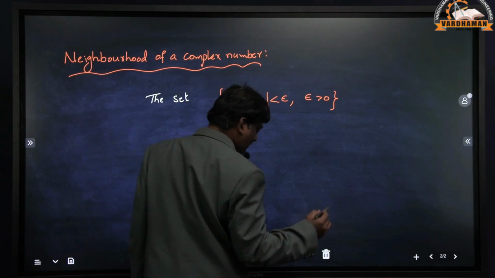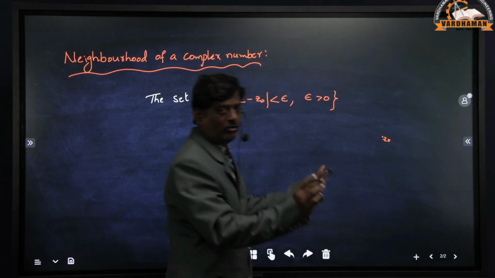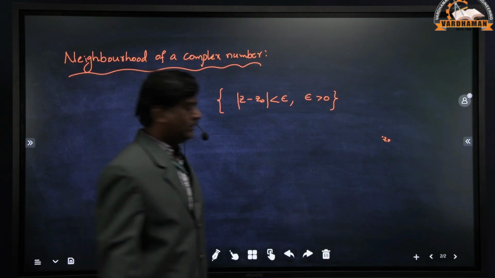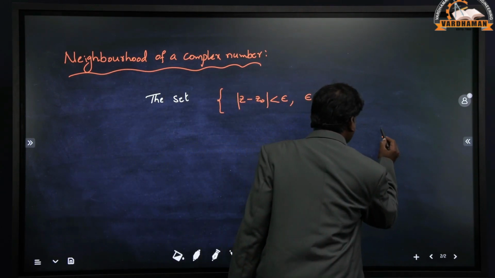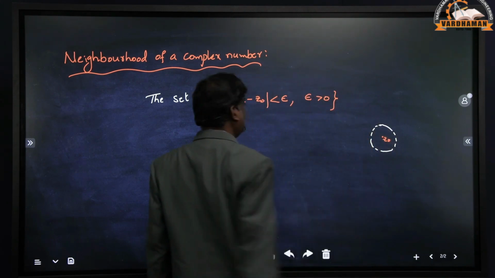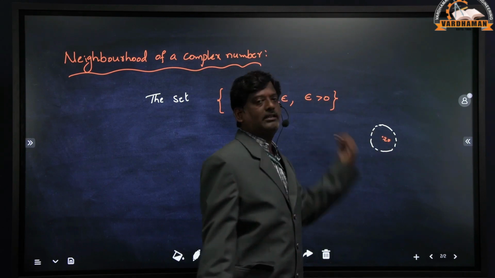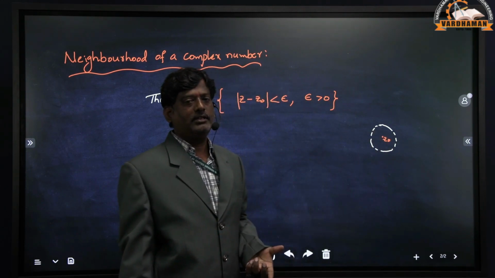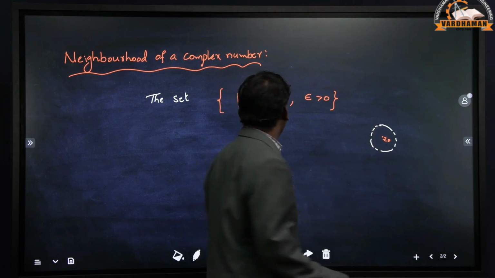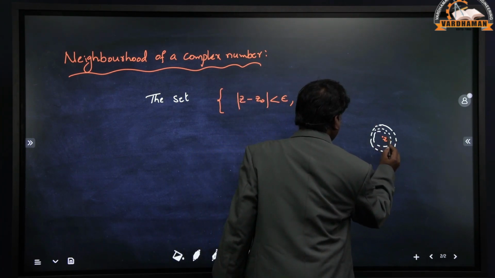Now how can you represent this? Suppose any point z naught is there in the complex plane. The neighborhood of this complex number you can write as follows: you take a very small radius epsilon greater than 0. This is called a neighborhood of a complex number.